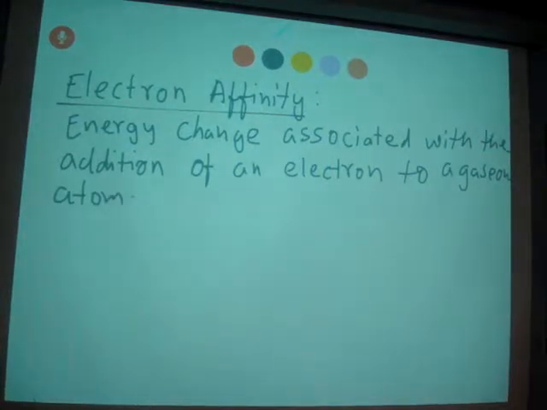That's electron affinity. So in this one, remember, ionization energy, we remove the electron. In here we are adding electrons.